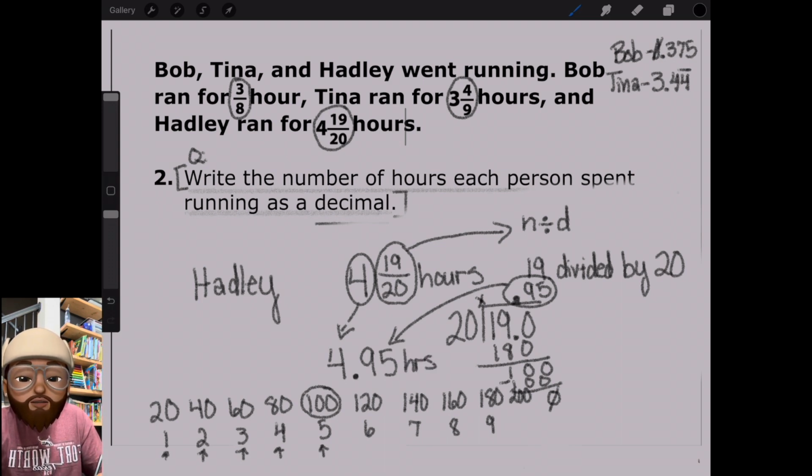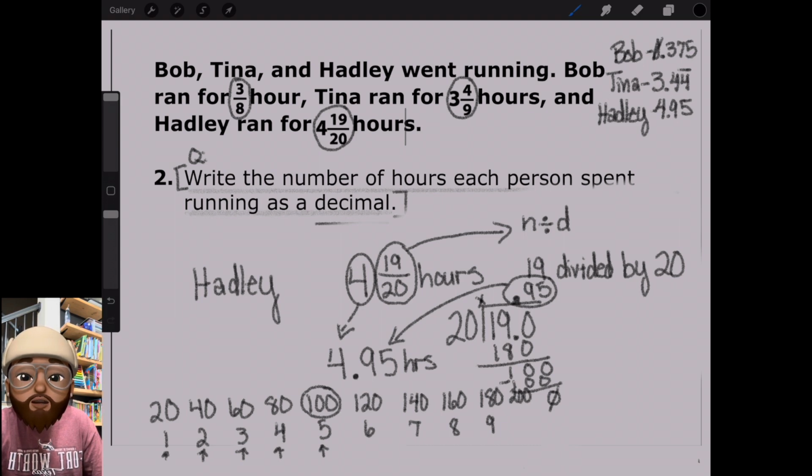And now we know that Hadley ran for 4 hours and 95 hundredths of an hour. Let's write that up here with everybody else's information. All right. And so let's check the question one more time to make sure that we answered it correctly.